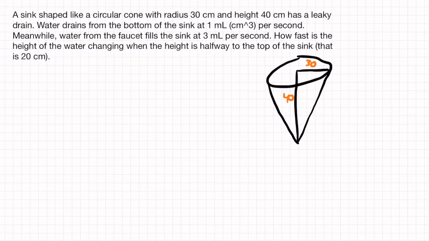Now, somewhere around here we're going to have some sort of water filling up part of the sink, and it seems like this is increasing, and what we're trying to find is how fast is the height of the water changing.